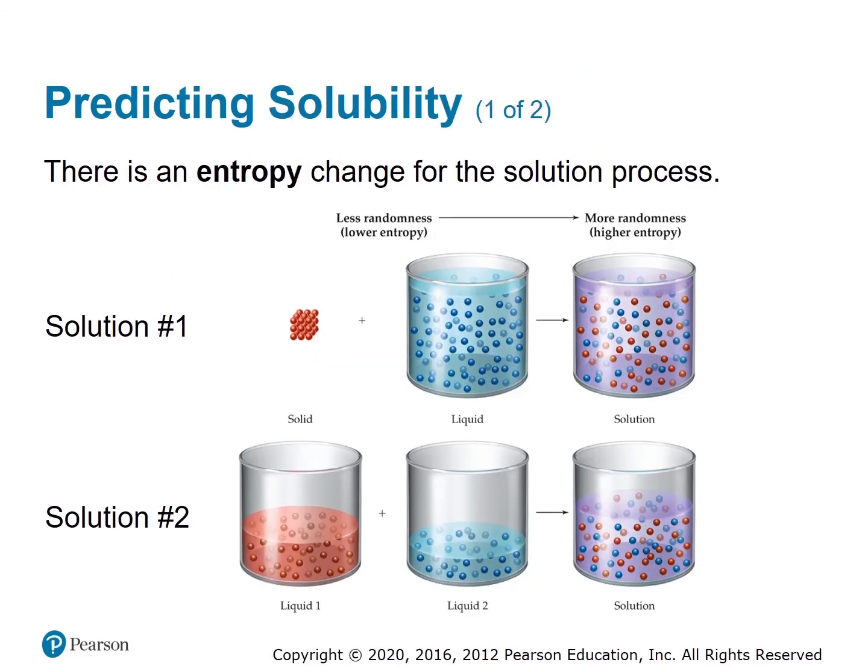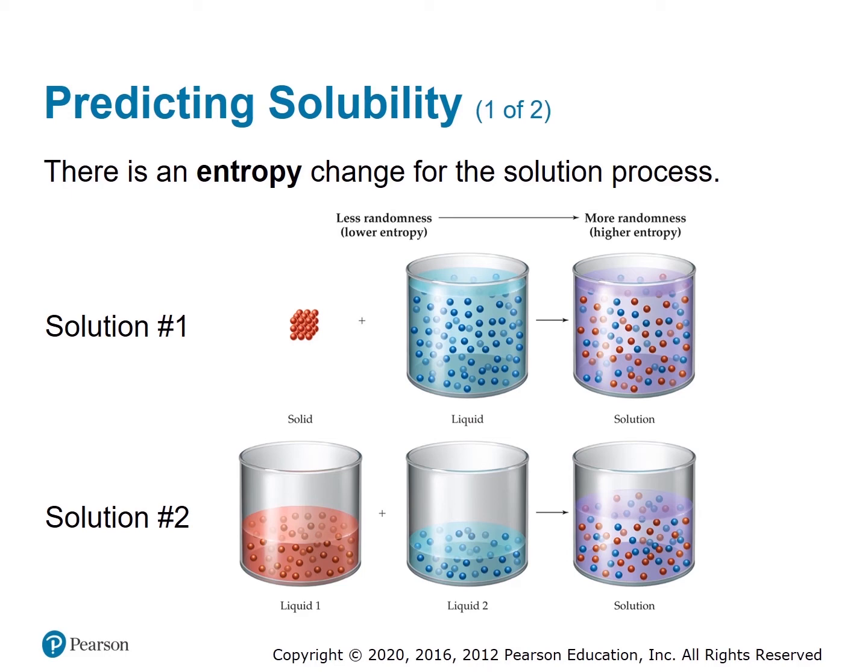There are other thermodynamic considerations when solutions form, namely those to do with entropy. You may or may not have come across the notion of entropy last semester, so either as a reminder or for the first time, the simplest way to think of entropy is as a measure of the randomness or disorder of a system. If we form a solution by dissolving a solid, which has very ordered arrangements of atoms, molecules or ions, into a liquid, there's going to be an increase in entropy.